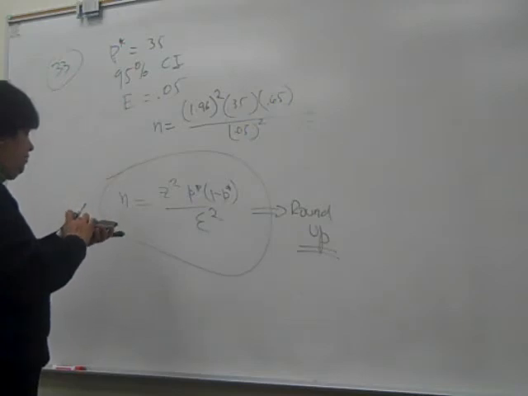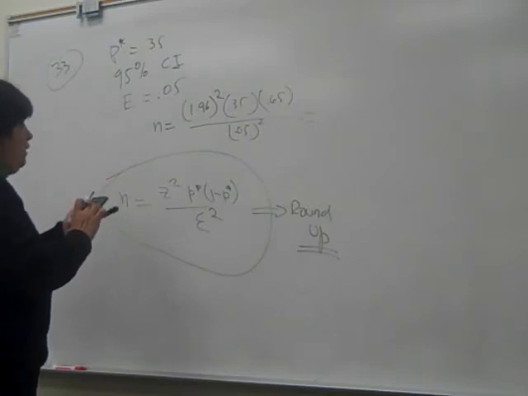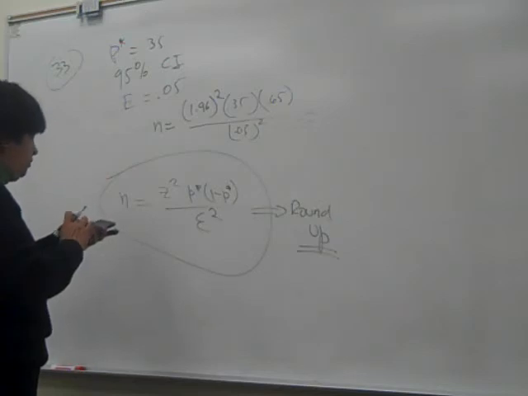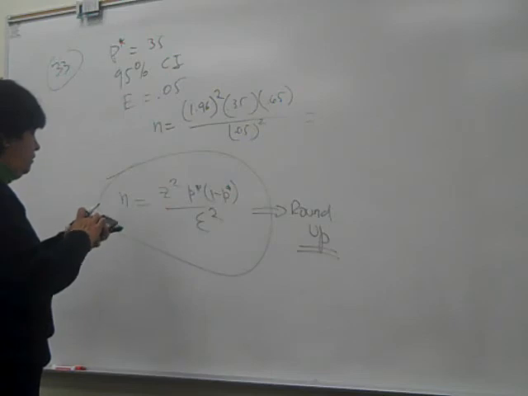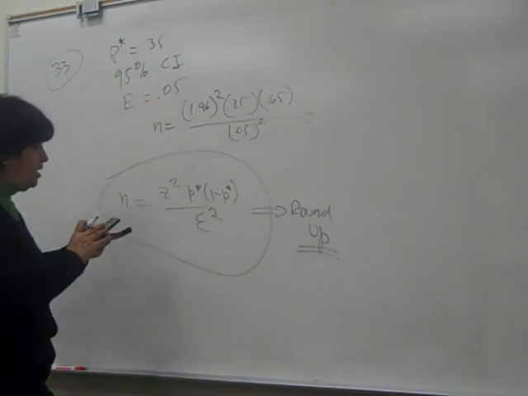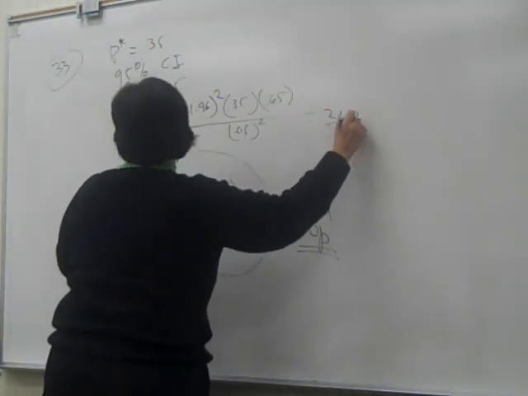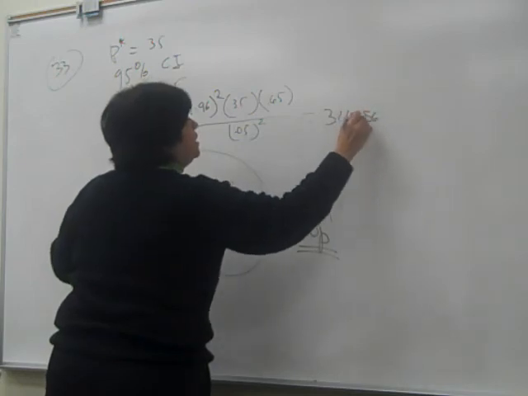1.96, 0.35, 0.65, okay. Is equal to 349.58.